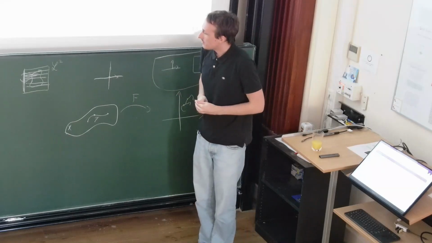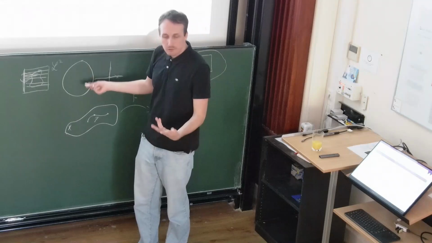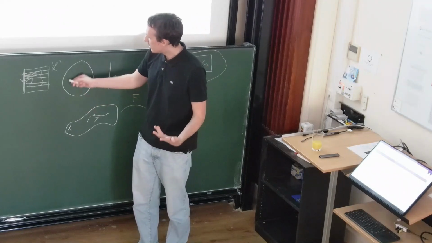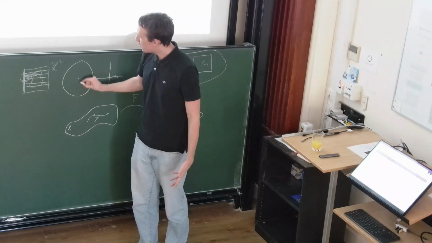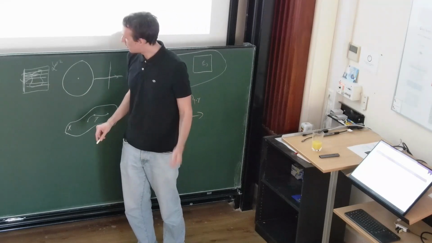Now, of course, there can be much more general Alberti representations, and there are many different geometrical ways to think about them. There's a funny way where you can find two Alberti representations of the unit disk, which kind of pretend to be the polar coordinates.